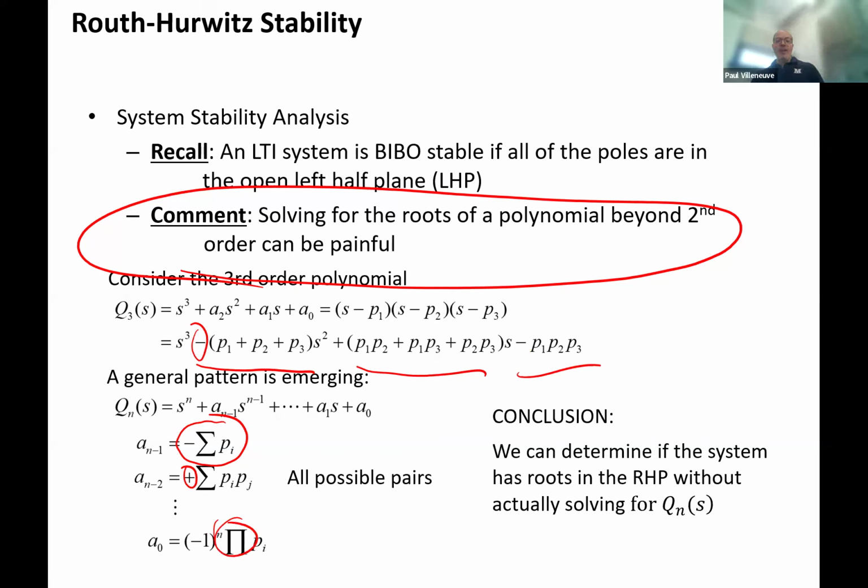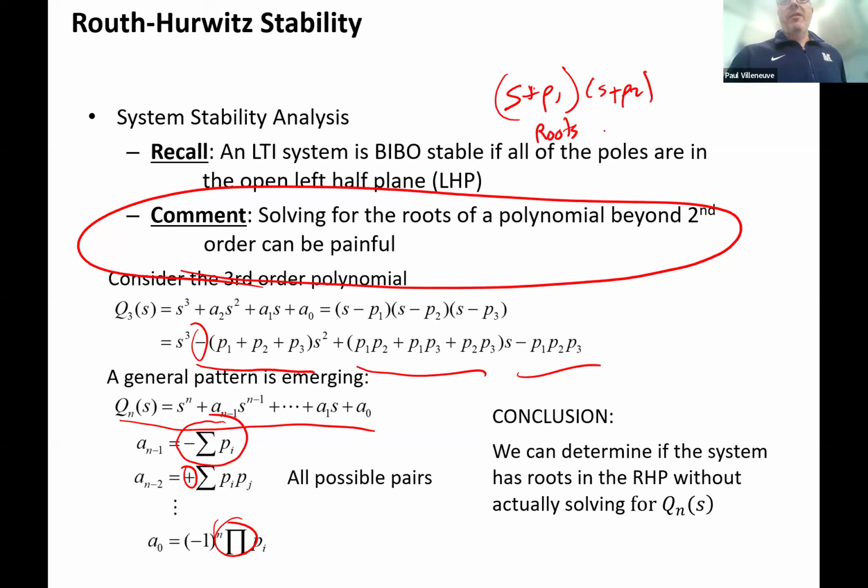So we can determine if the system has any roots in the right-hand half plane without actually having to solve for them. Why is that? Let's just do s plus p1 and p2. We know the roots are negative p1 and negative p2, correct?